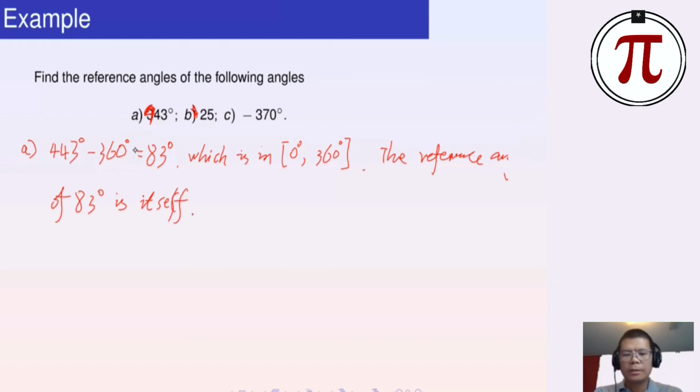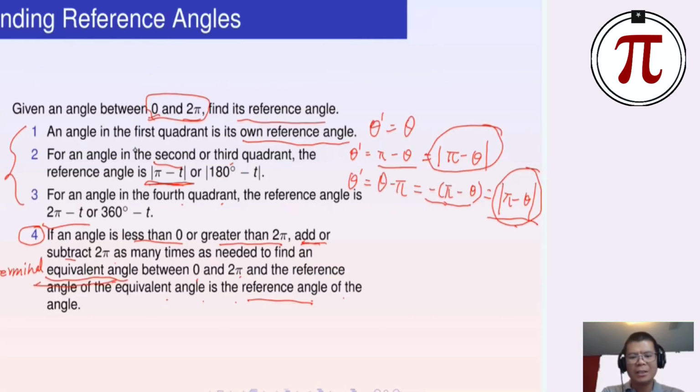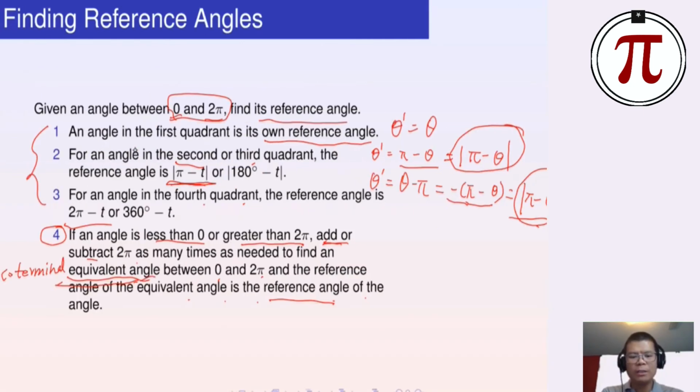Since it is in the first quadrant, okay. Now, as we said, that's the equivalent angle. The reference angle of the equivalent angle is the reference angle of the original angle, right?